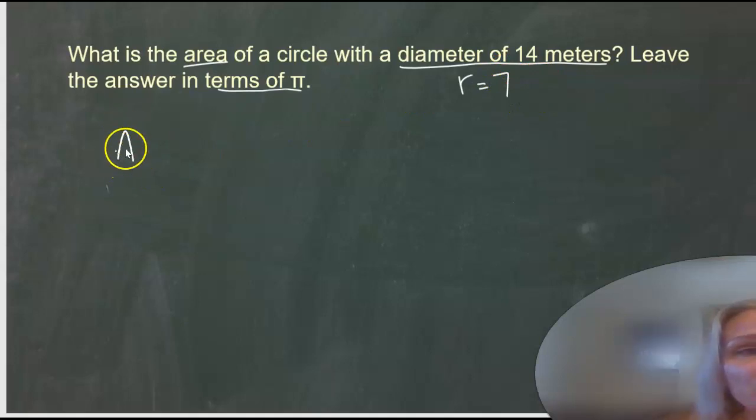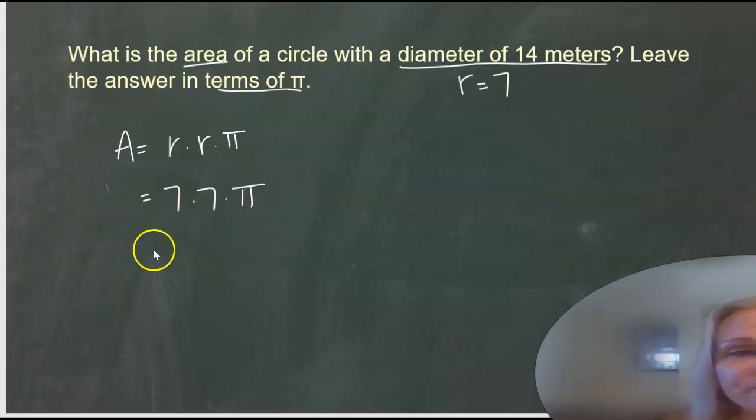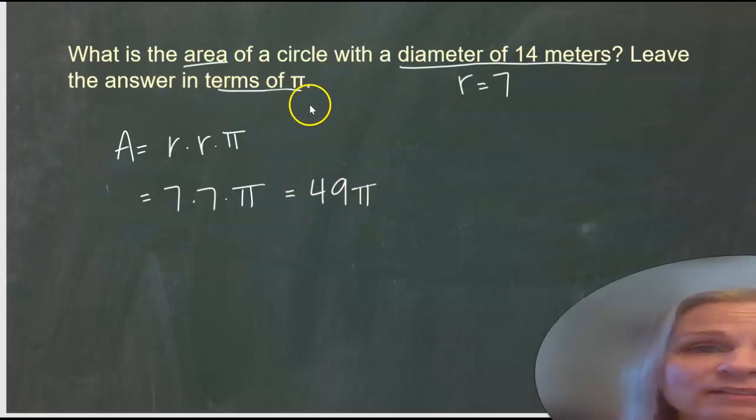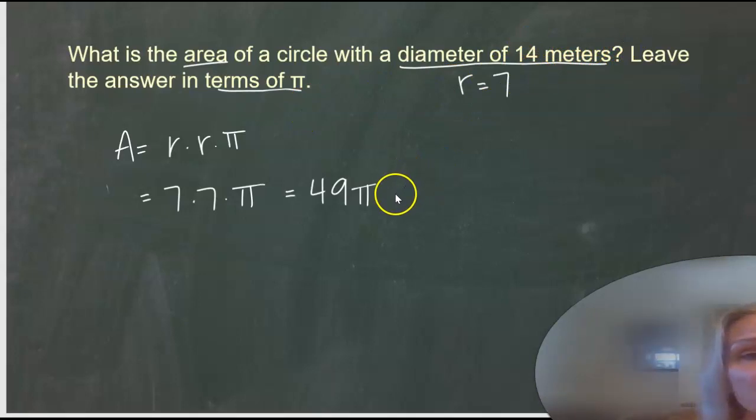So I'm going to write my formula again, r times r times pi. My r is 7, so I get 7 times 7 times pi, and that is 49 pi. And in terms of pi means that I leave it like that. And it is in meters, so it's going to be square meters.